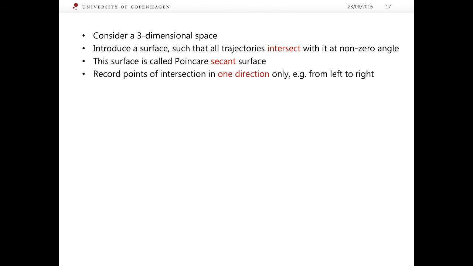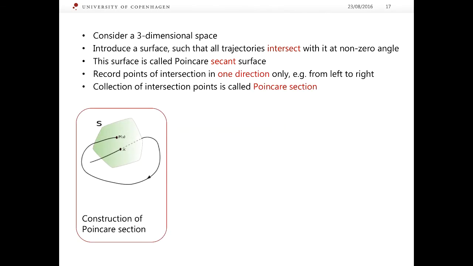So in this space we can introduce a surface such that all trajectories intersect with this surface at a non-zero angle, which means the trajectory is not allowed to touch this surface.